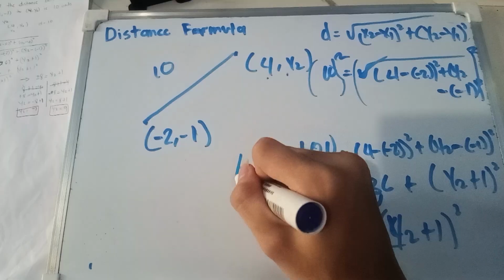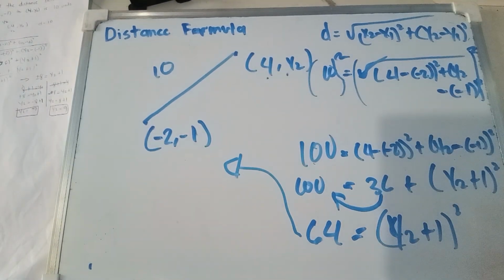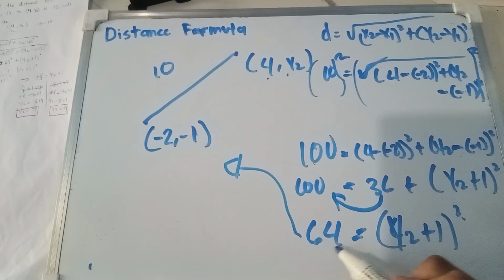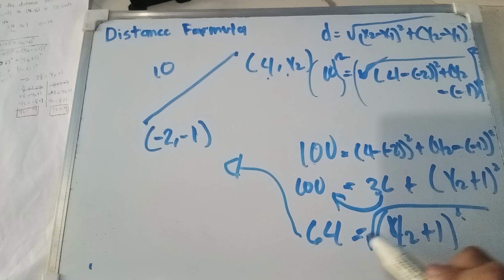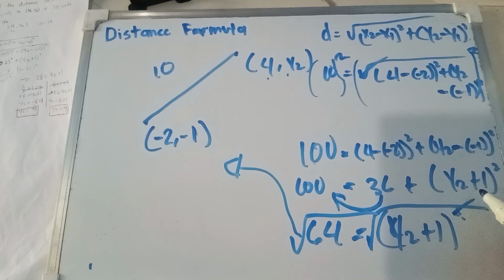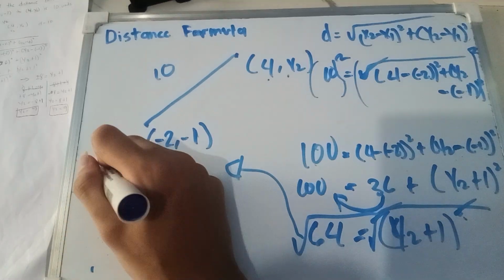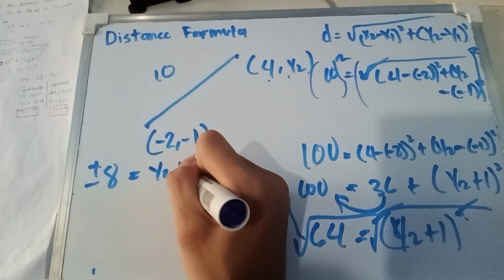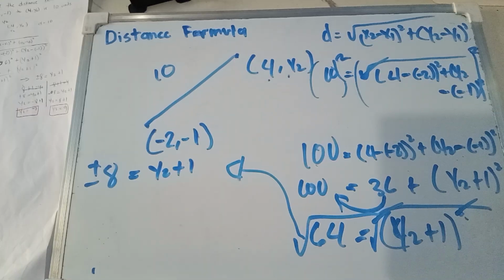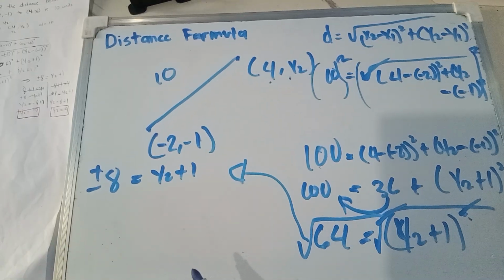Okay, let's put it here. So in order to cancel this square, we need to square root both sides. So the square and square root will cancel each other, and the square root of 64 is positive or negative 8, equal to y sub 2 plus 1. Now we have two possible outcomes.